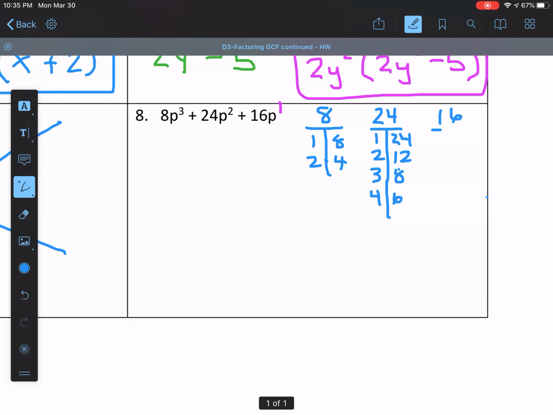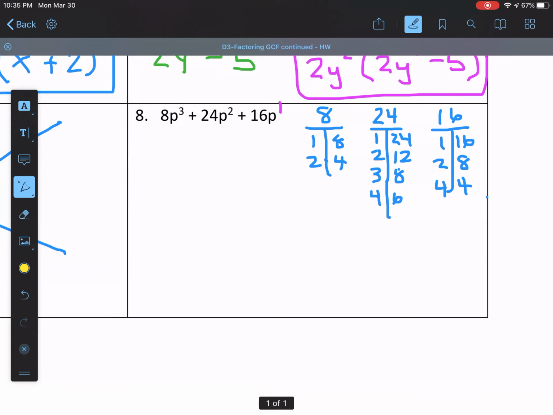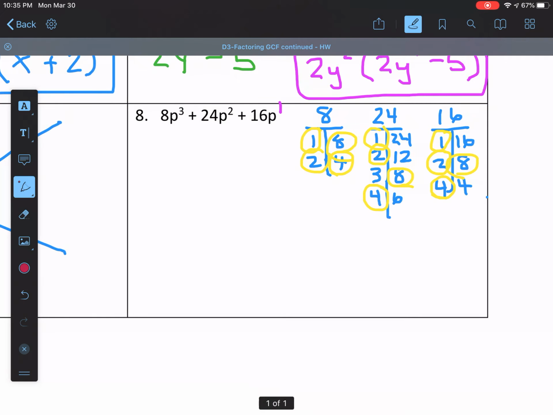And then our factors of 16 are 1 and 16, 2 and 8, 4 and 4. Okay? So now we're going to see who we have in common. Everybody's got 1s, everybody's got 2s, everybody's got 4s, and everybody's got 8s. So our greatest common factor, then, the beginning of it is going to be 8.